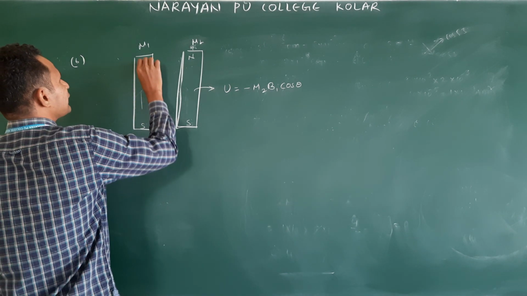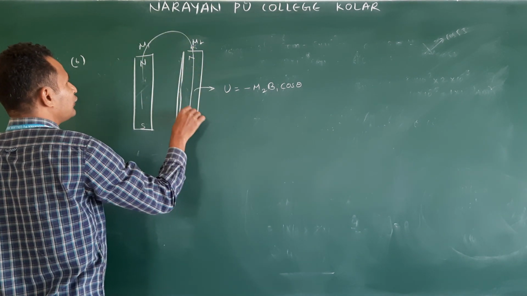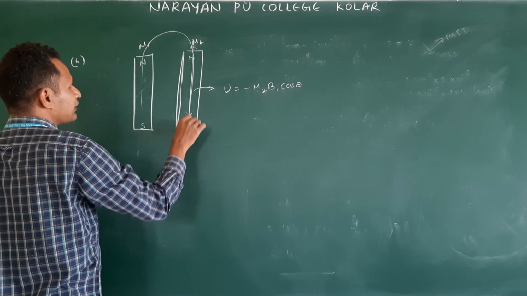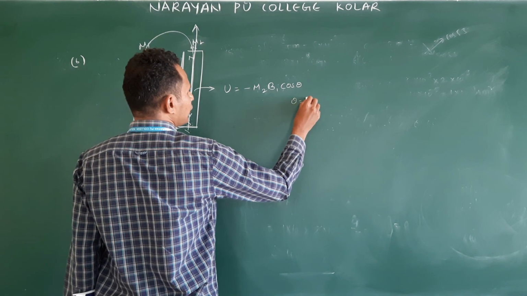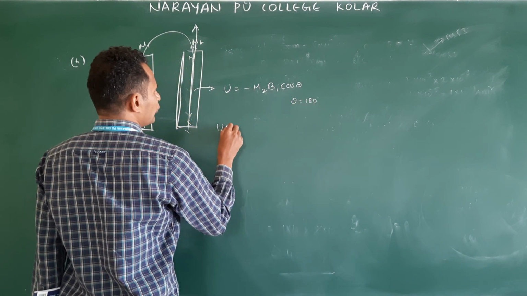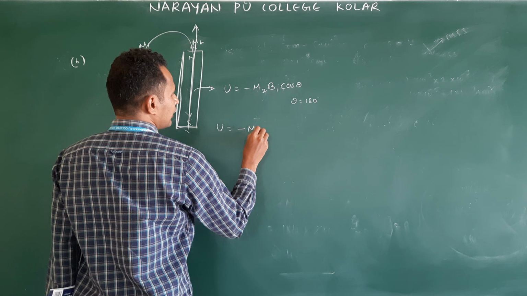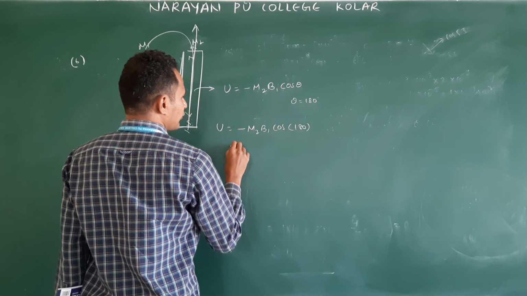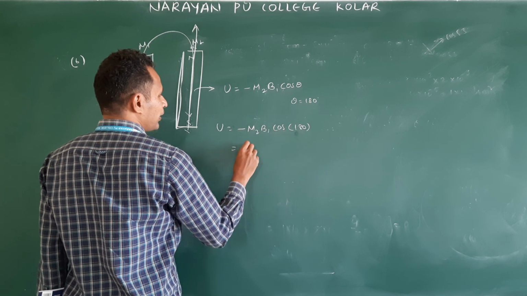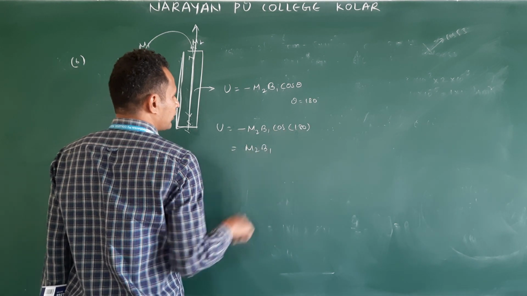Now, what is the field direction of this? Acting like this. Magnetic moment acting upwards. Theta is equal to what? 180. Then U is equal to minus M2 B1 cos 180. Cos 180 is minus 1, so this minus, this minus becomes plus M2 B1.